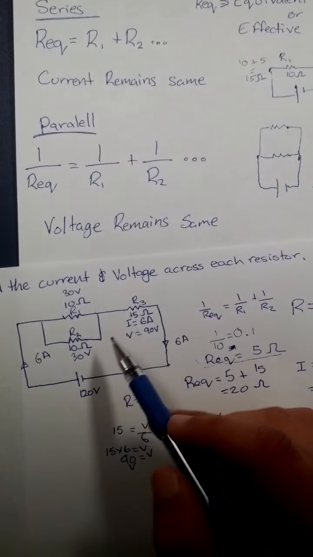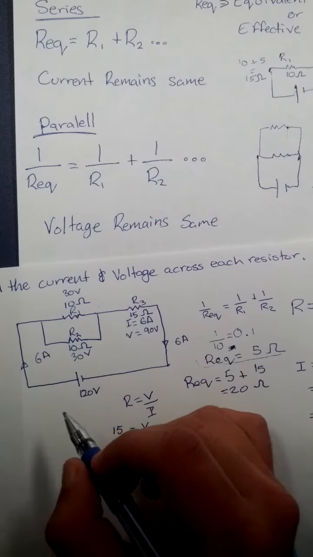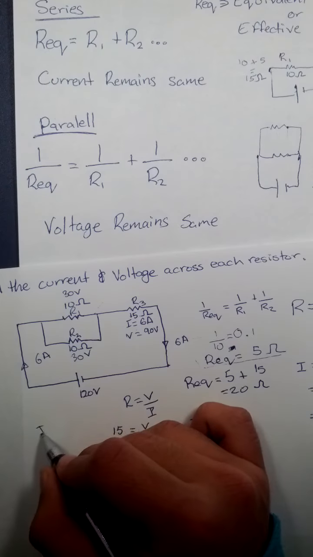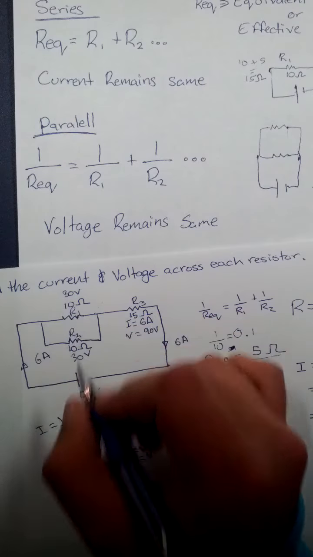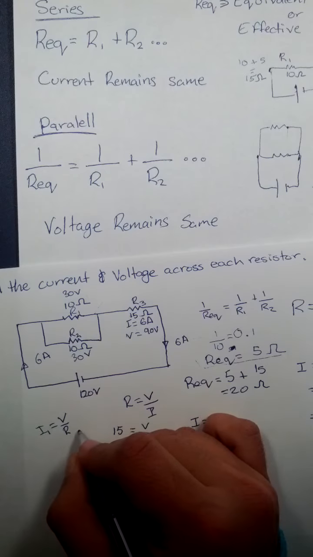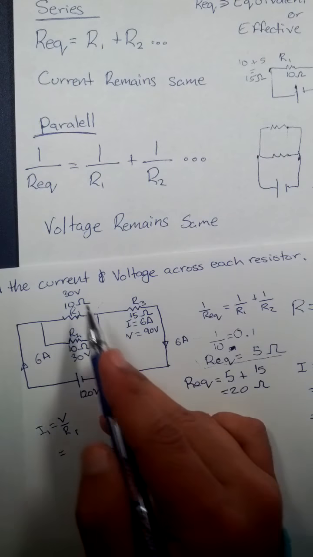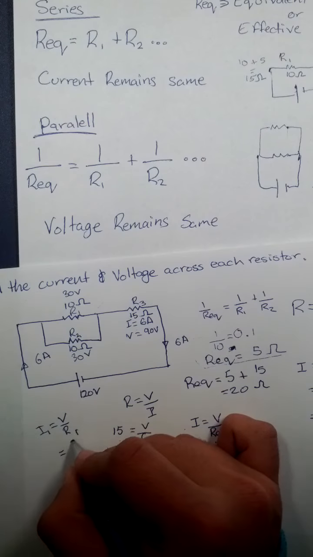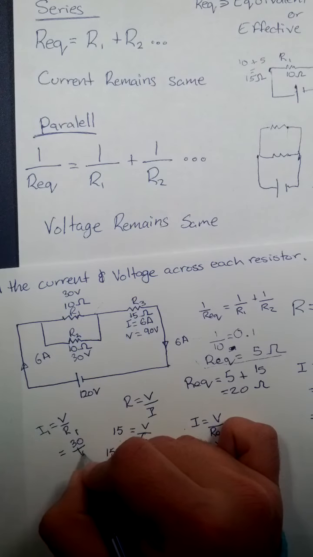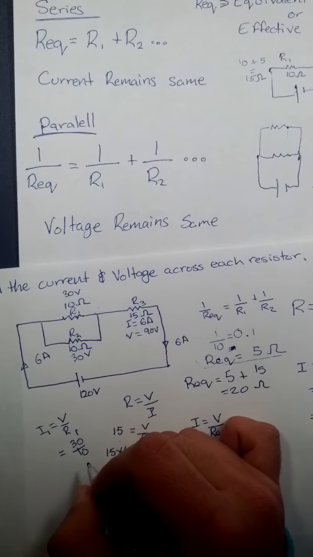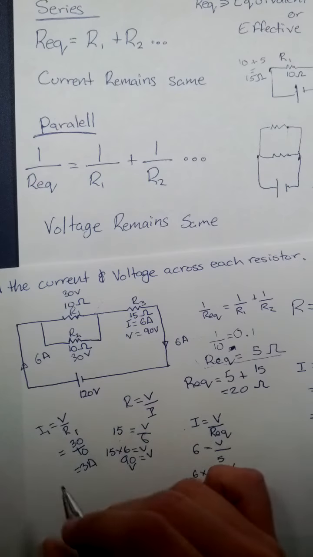So the good news again is we just need to find the current. To find the current, all we would do is I equals V over R, and let's just call this I1. I1, R1. So voltage 30 and resistance 10 equals 3 amps.